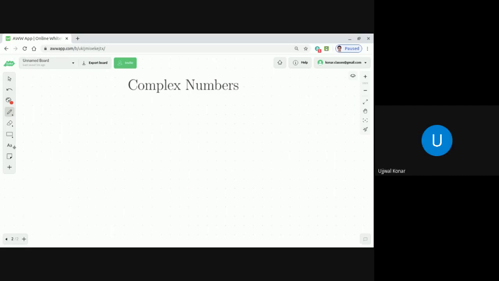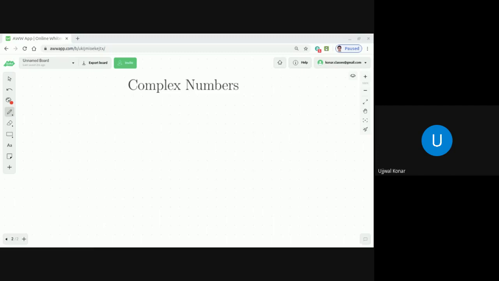So, the first point I would like to mention is that we know the square of every real number is always positive, correct? You take any real number, you make a square of it, you will always get positive. Okay.